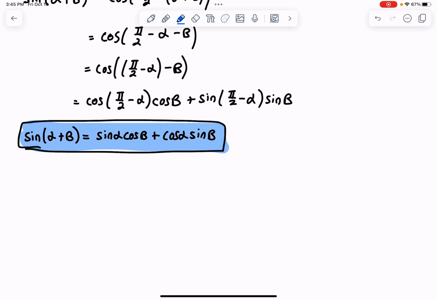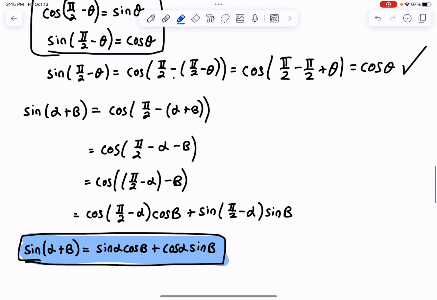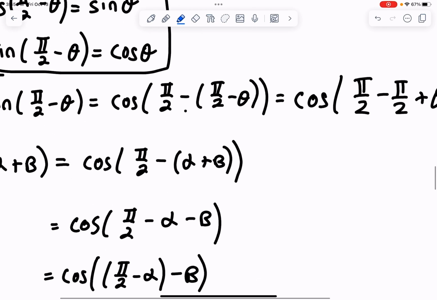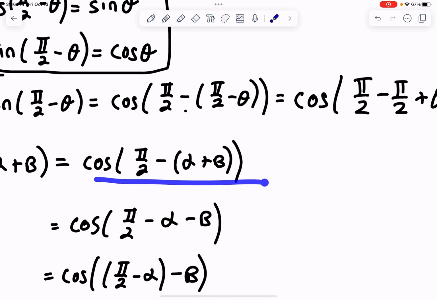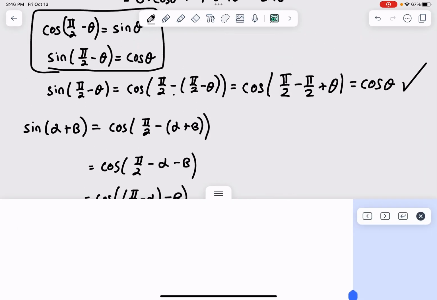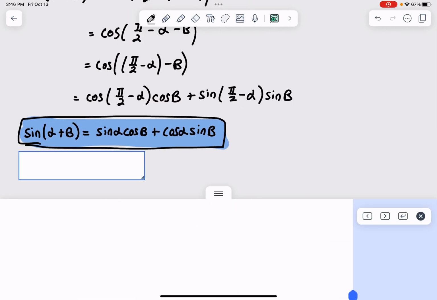Okay, now we're going to derive just one more formula, and that is the sine of a difference. Now, we could take sine of alpha minus beta, and we could do what we did here and say it's cosine of pi over 2 minus alpha minus beta and work through it that way. But here, sine of alpha minus beta, this last one we want to do, can actually use the first one again.